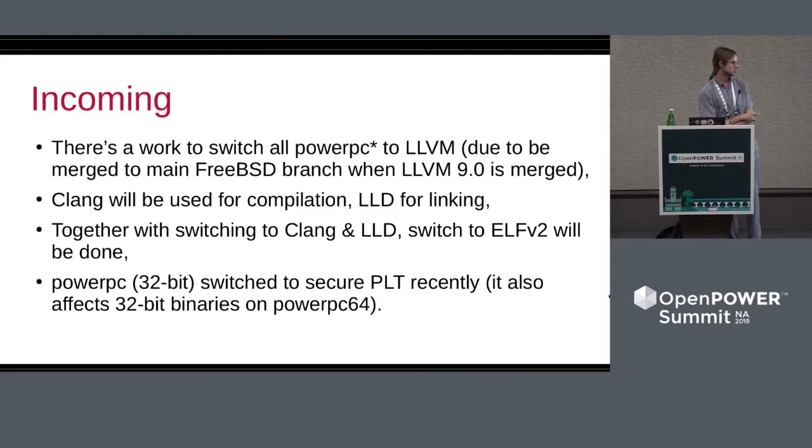And on top of that, we switch to LE2 together with a switch to Clang. PowerPC 32-bit recently switched to secure PLT. This switch also affects 32-bit binaries on 64-bit Power. So that's another news.